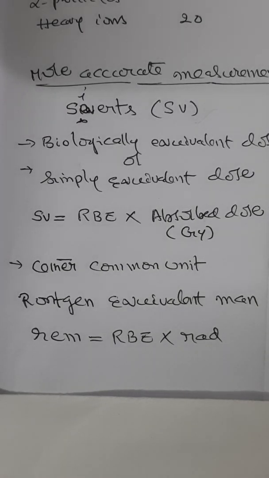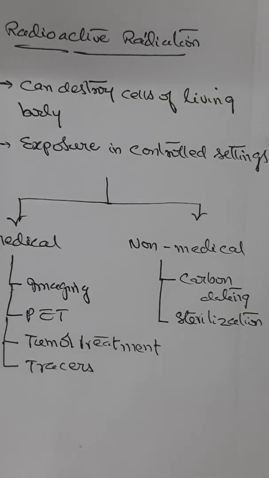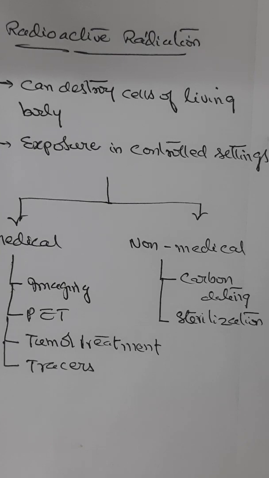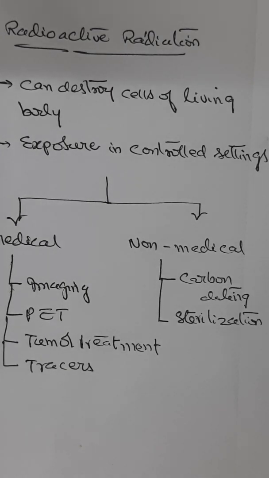So let us understand the uses of radioactive radiation. The radiations from radioactive materials can destroy the cells of living bodies. Despite the dangers of overexposure, radioactive radiations in controlled settings have found a number of useful applications. There are two broad categories of usage: non-medical and medical.